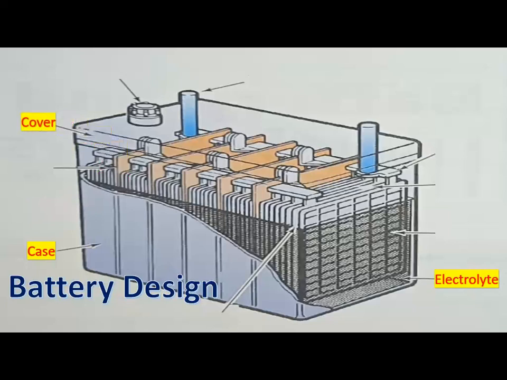The next item would be the cover. The battery cover is permanently sealed to the top of the case. The cover has openings for the terminal posts and vent holes for the venting of gases. Some batteries have terminals extending through the side of the case, and other batteries have terminals in the sides and top.